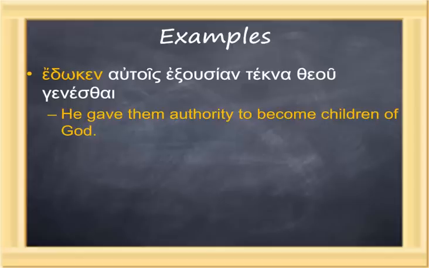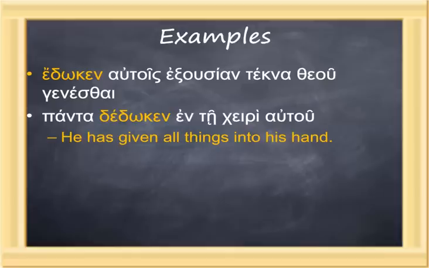He gave them authority to become children of God. The second sentence reads, Panta dedoken en te cheiri autou. Dedoken has epsilon reduplication, so it's a perfect tense, perfect active. He has given all things into his hand.